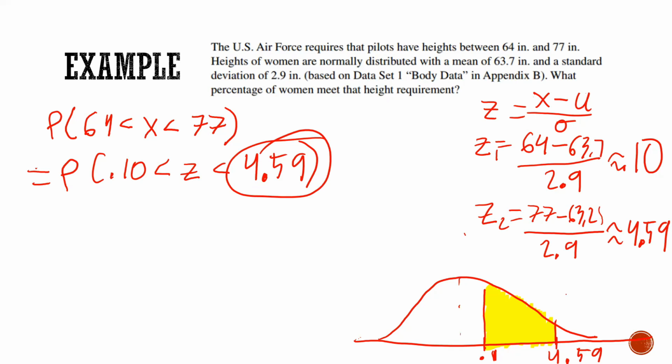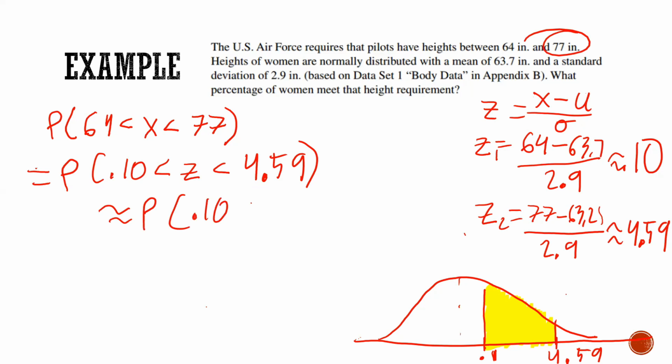So it's like saying women that are taller than, I don't know, 5'2", but shorter than 77 inches. I might as well be saying 30 feet. That's basically all women. So I can roughly just ignore the upper limit. If this number is more than 4, you can just ignore it and say it's 1 and subtract that way.